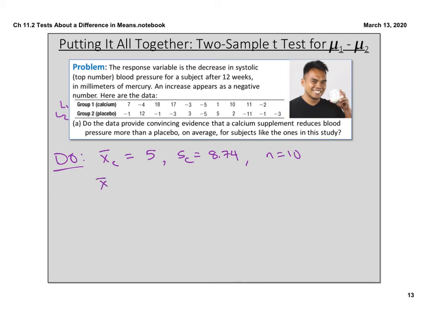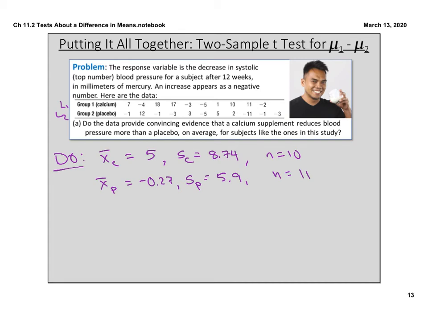Then I go stat, calculate, one variable stats, but this time do L2. The x bar for the placebo group is negative 0.27, the standard deviation for the placebo group is 5.9, and I know n is 11.